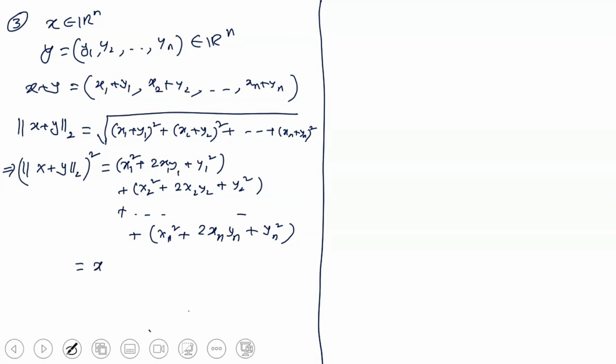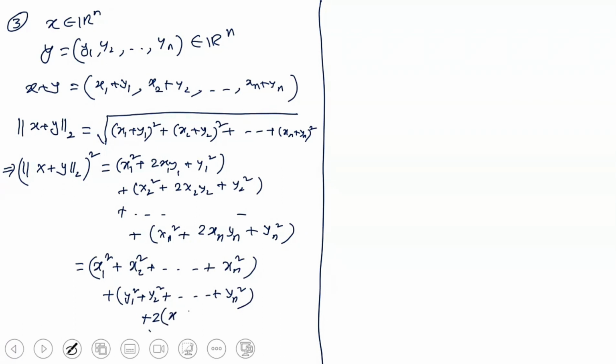You will get x1 square plus x2 square plus xn square, then plus y1 square plus y2 square plus yn square, and the remaining part is 2 times x1 y1 plus x2 y2 plus xn yn.